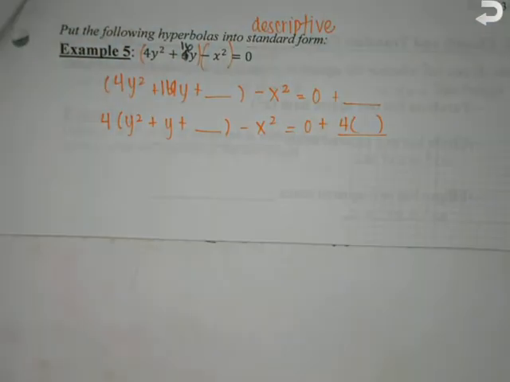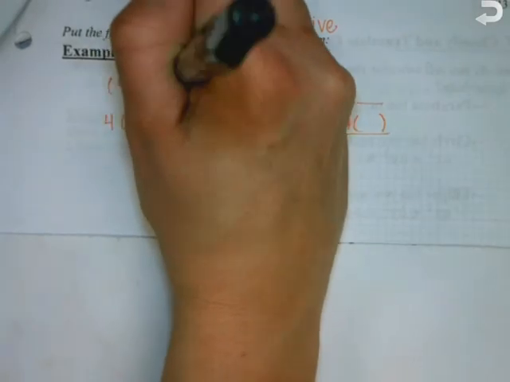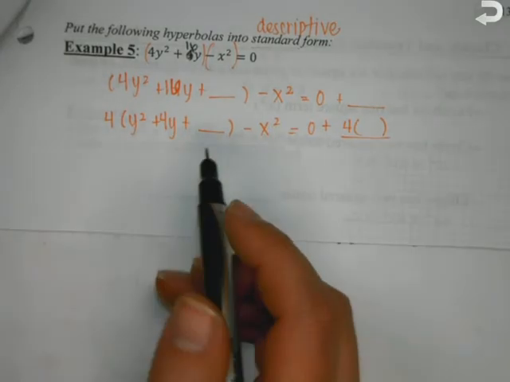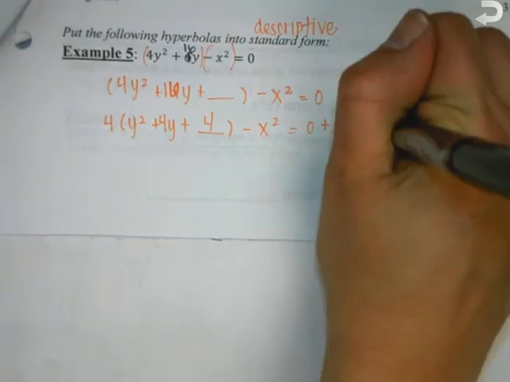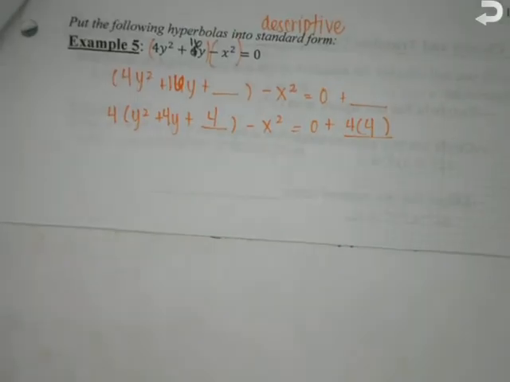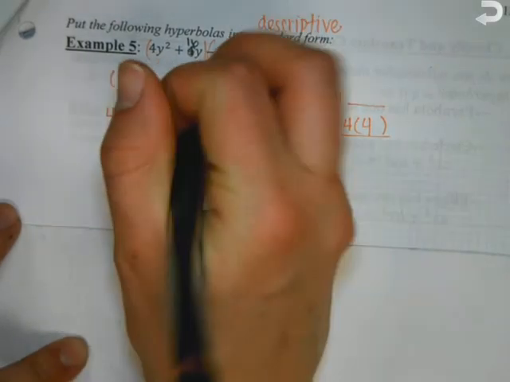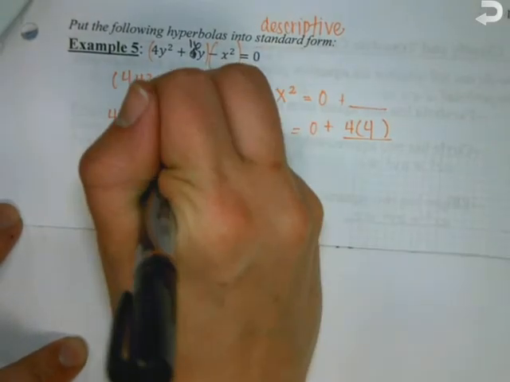Okay, so now 4 goes in the blank. Let's factor this thing. That's going to be 4 times y plus 2 squared minus x squared equals 16. Okay, this is pretty close to what we want.